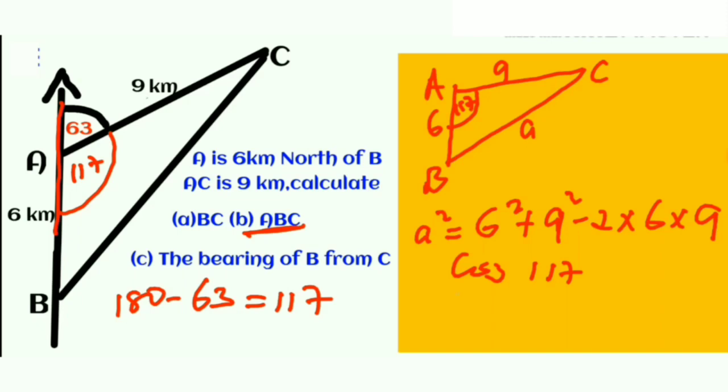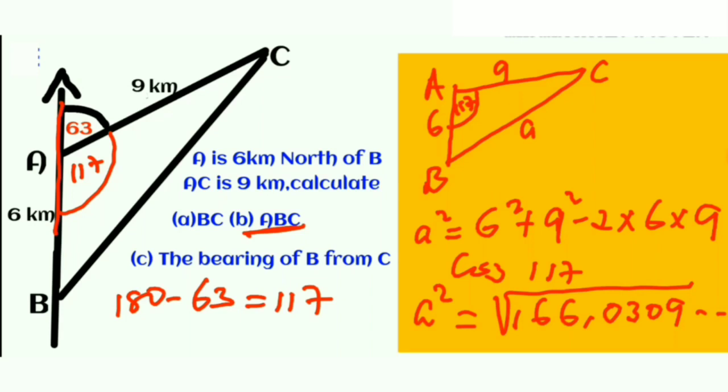Okay, so a squared equals, using a calculator, 6 squared plus 9 squared minus 2 times 6 times 9 cos 117. You get 166.0309, etc. Then you have to find the square root of this answer to find the value of a.